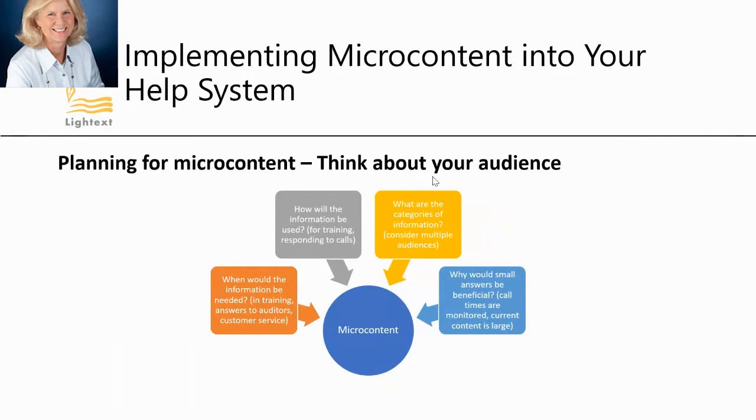Creating microcontent groups for these folks, parsing them out and creating nice groups for them helps them get the microcontent that they need and enables me to create FAQ or just some help pages for them that have microcontent. So as we go through the demo, I think that will be a little bit more clear. But I consider, why would small answers be applicable or important to them?